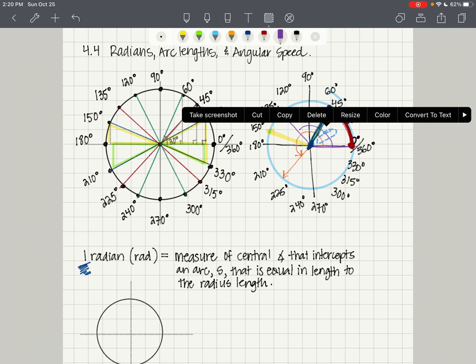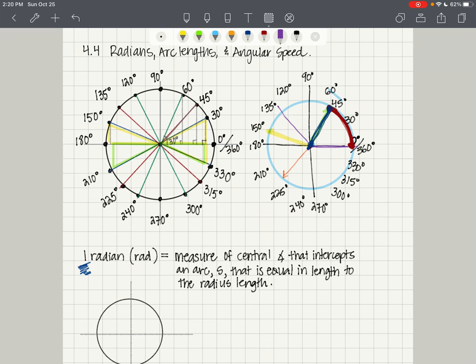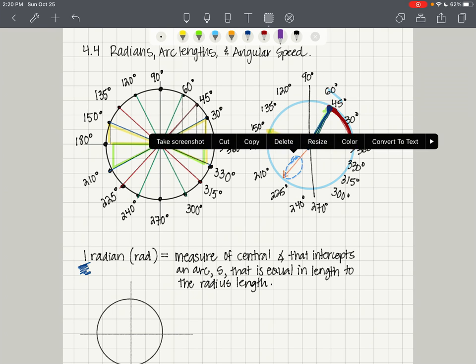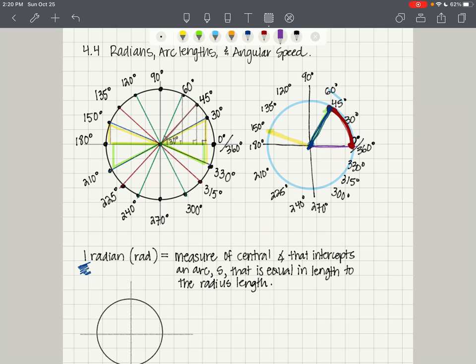I'm going to get rid of all this other stuff that's messing up our picture now. It doesn't belong. Could that red length be the same as the blue length? Or is this orange length equal to the blue length?